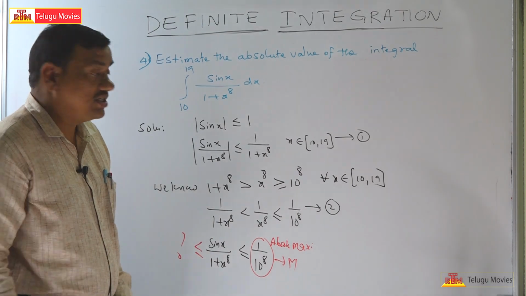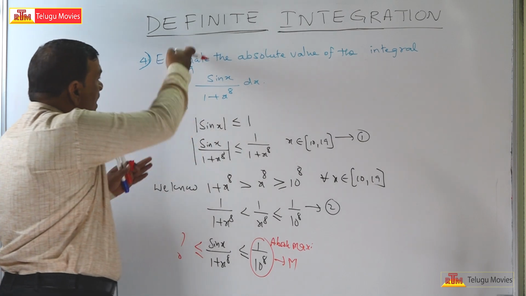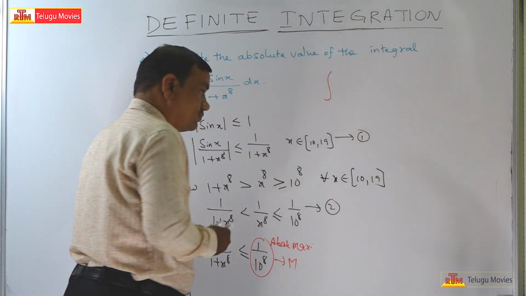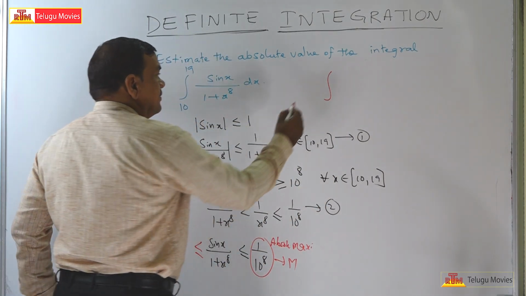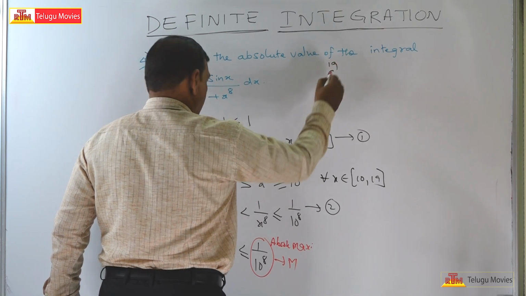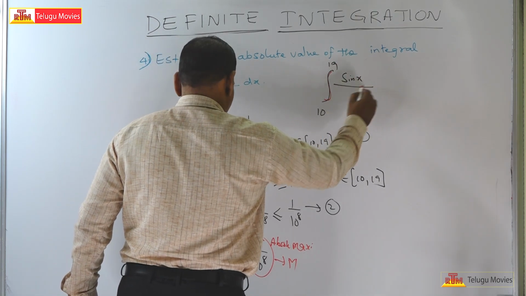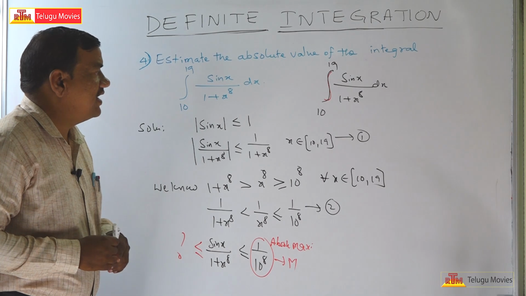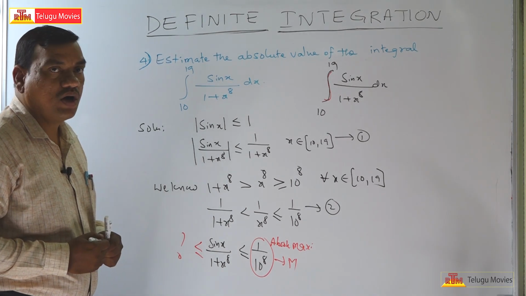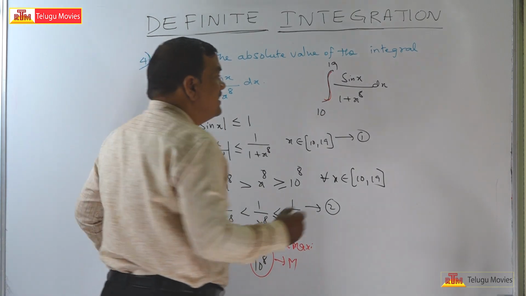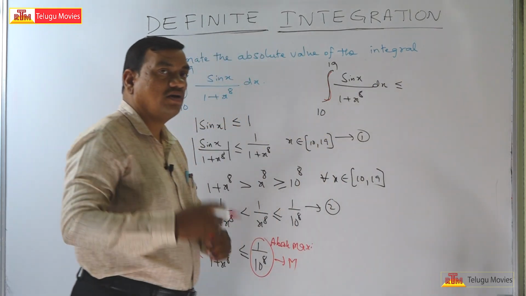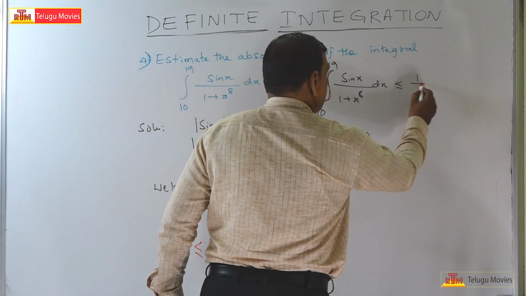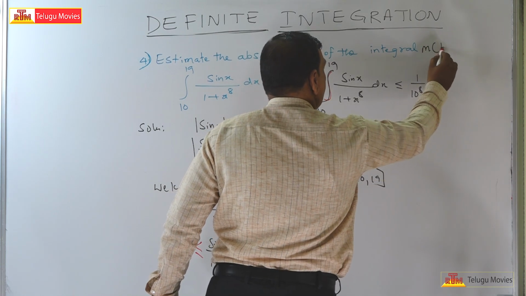Now we have the result. When you apply integration from 10 to 19, the integral from 10 to 19 of sin x upon 1 plus x power 8 dx is less than or equal to capital M into b minus a.